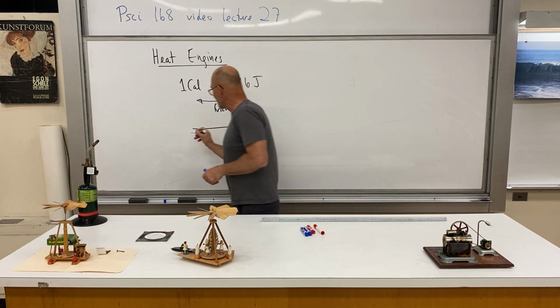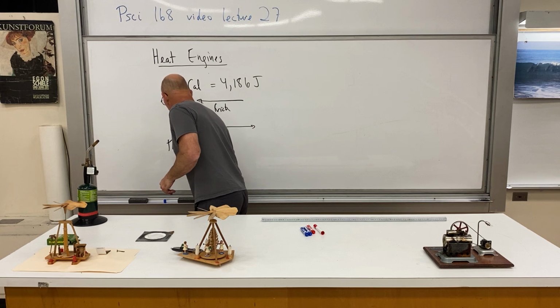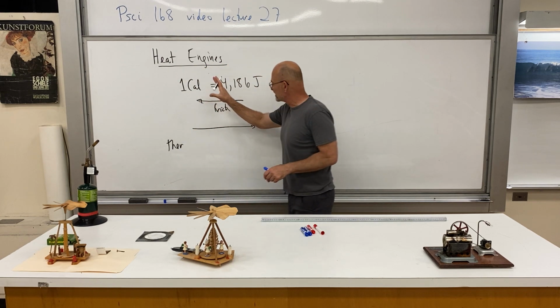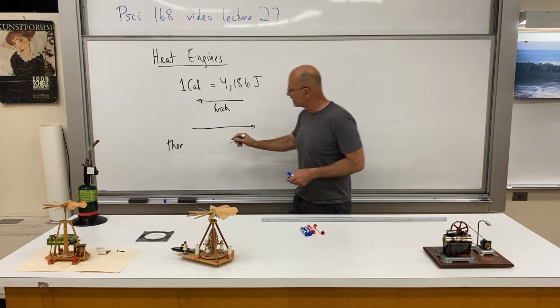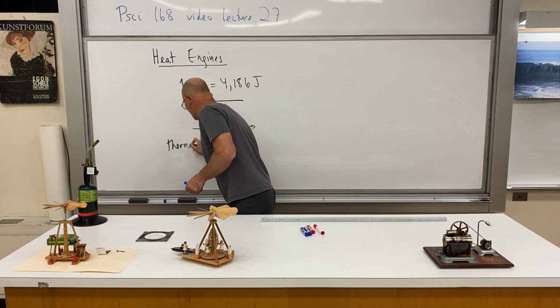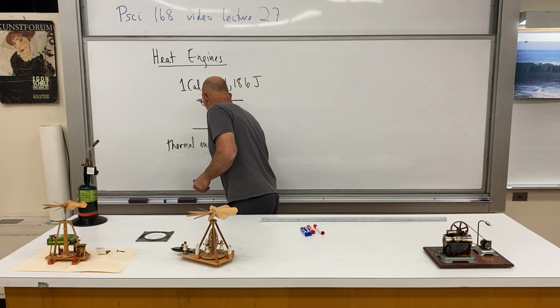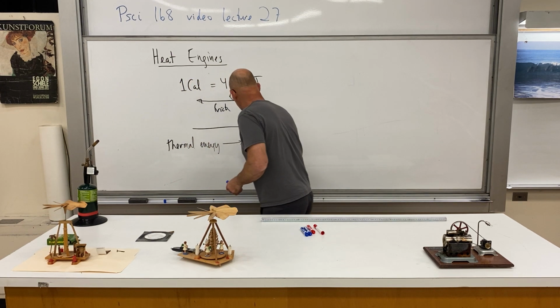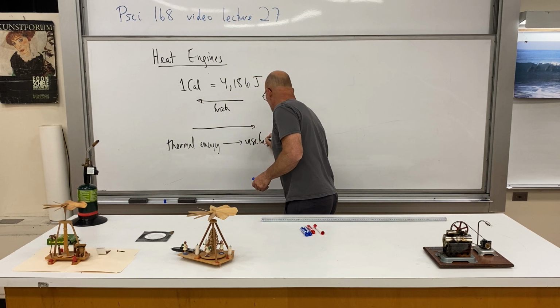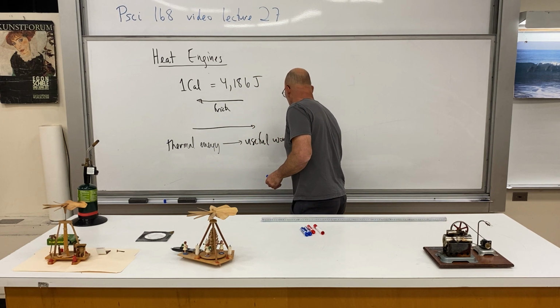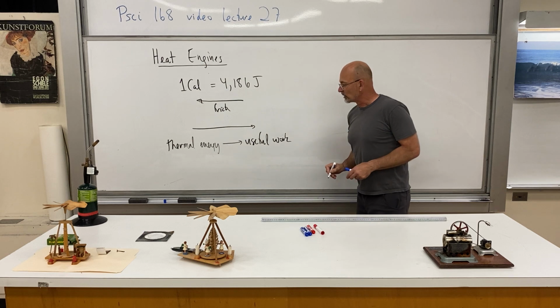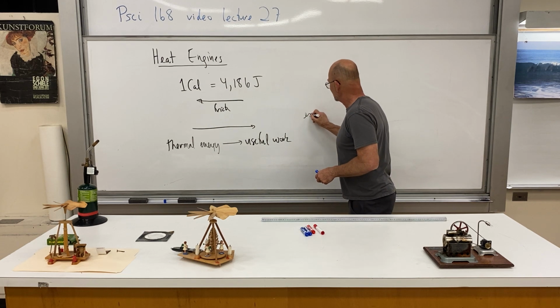So that's this direction here. Thermal energy could have been expressed in joules all along, but the point is we want to turn it into useful work. Useful work, okay?